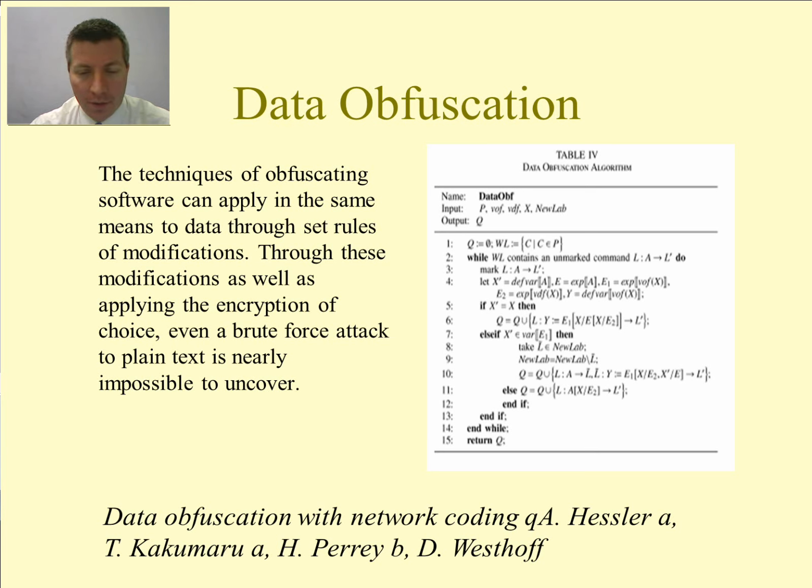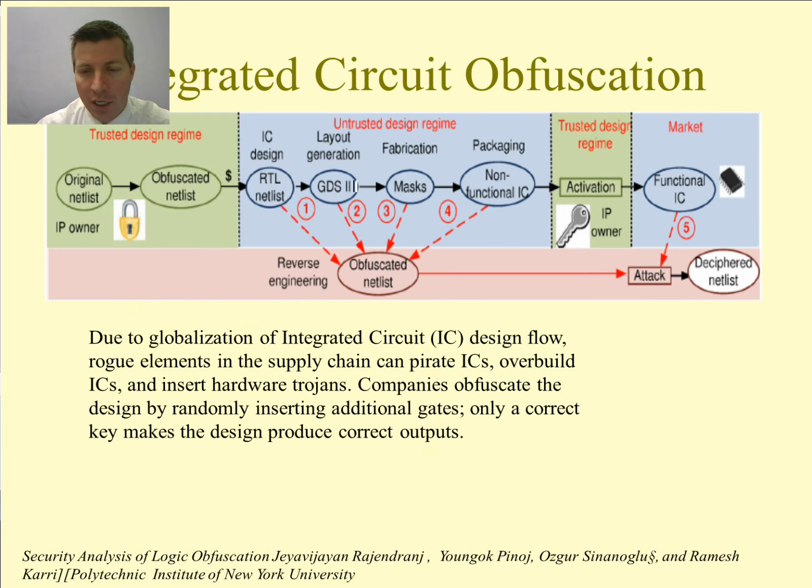And so even in this case, a brute force attack is going to be very difficult to uncover, because how do you know if you have uncovered the obfuscated code? Because the code that's underneath it is obfuscated. So as you are trying to reverse engineer, what you're getting back is something that you may not think is the actual code, because that has been obfuscated. So it makes it very difficult to reverse engineer obfuscated code.